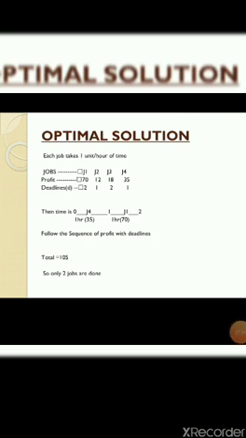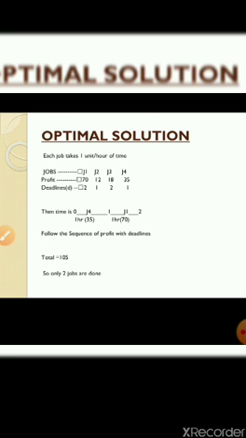Each job takes 1 unit of time. Let us consider the example of a printing press or printing shop. Each person has some amount of papers, suppose 300. For printing these 300 pages, job 1, I mean person 1, gives 2 hours of deadline with profit of 70 rupees.